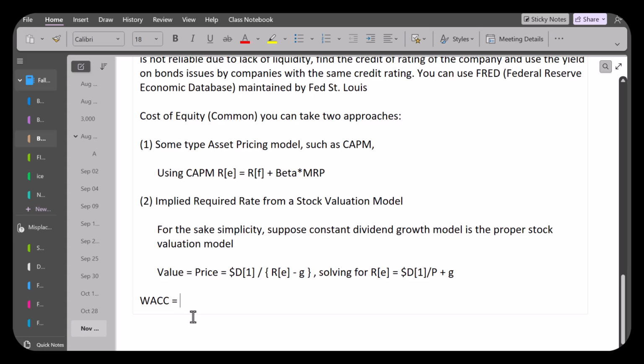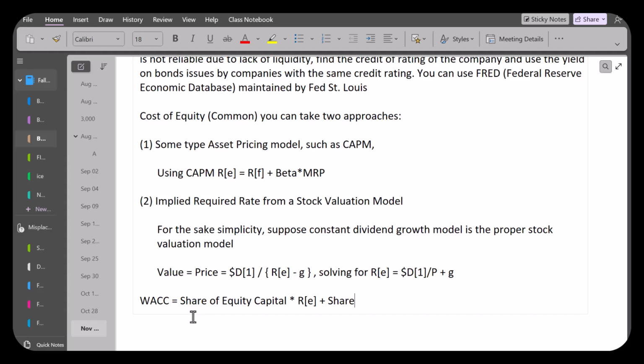Let's do this. Share of equity capital times cost of equity, share of preferred capital, cost of preferred capital, the tax rate.